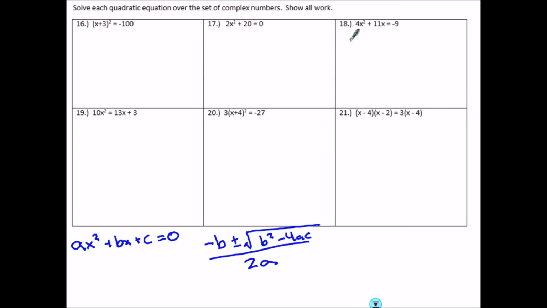So for number 18, the equation isn't set equal to 0, so I need to move the 9 over by adding 9, and now the equation is set equal to 0. Now I can solve using the quadratic formula. Negative 11 plus or minus the square root of 11² - 4 times 4 times 9 all over 4 times 2.